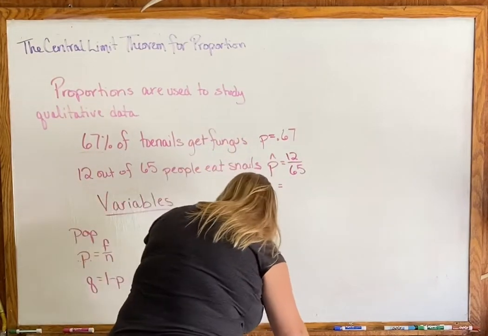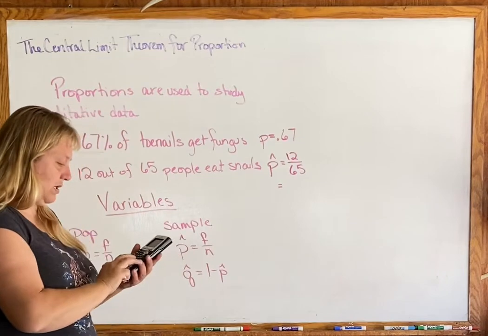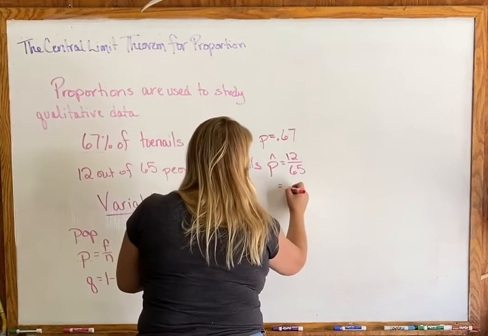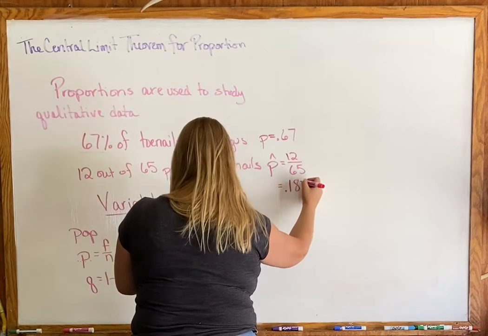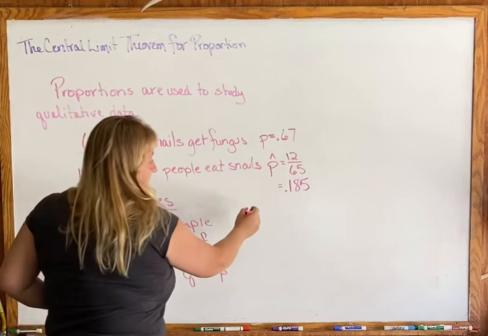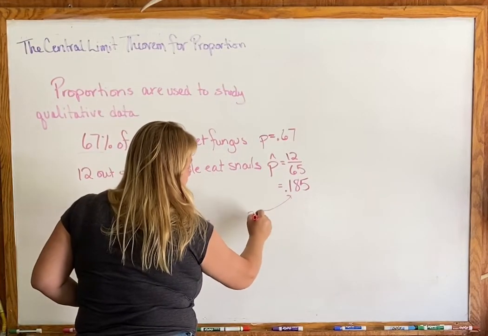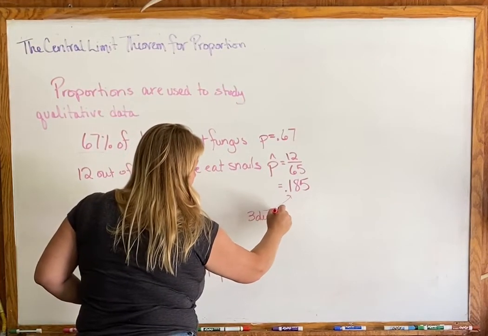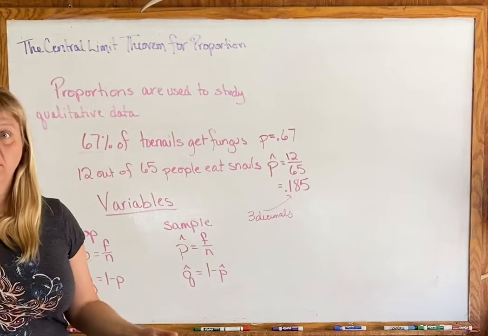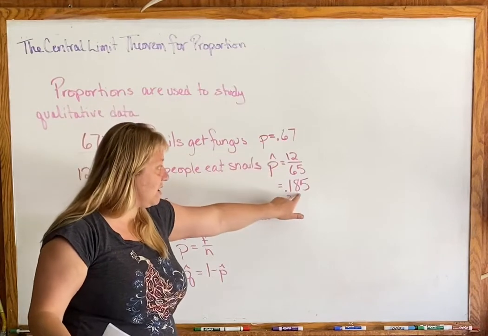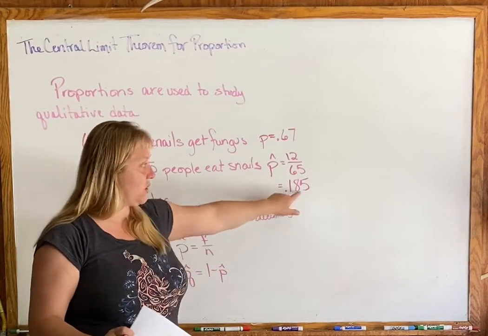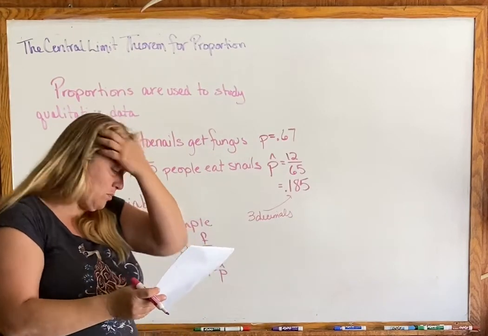When I do 12 divided by 65, I get 0.18 and then round to 5. Now notice, 3 decimals. If you aren't given 3 decimals, then you just go with what you're given. But if you actually do the calculation, you must carry that third decimal place with it, okay? So 3 decimal places on that. Very important with the rounding.